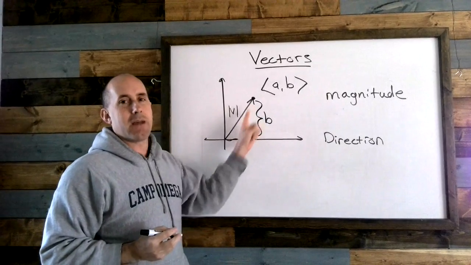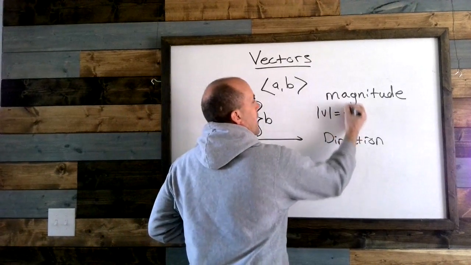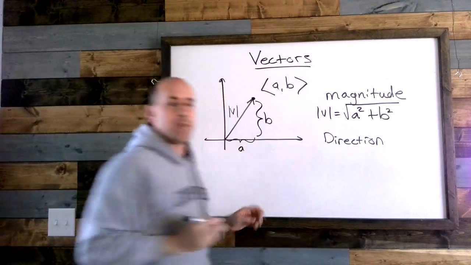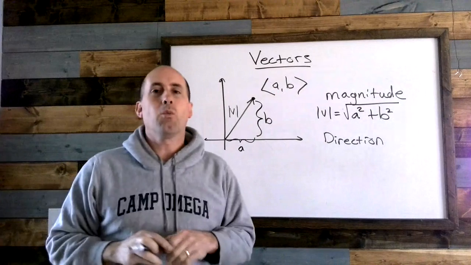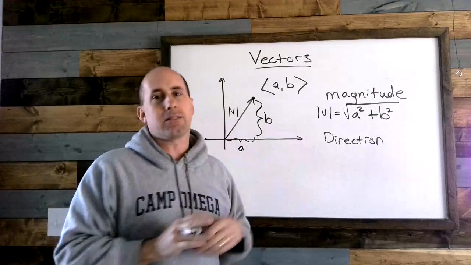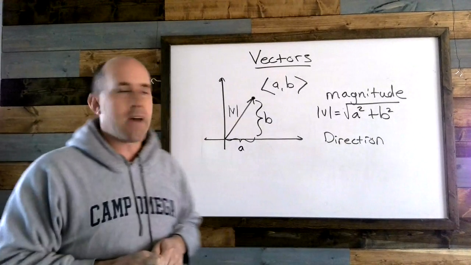How do I find the magnitude of the vector? Turns out that the magnitude of the vector, you're thinking it right now, is the square root of a squared plus b squared. I hope that that looks familiar to you because we just did that in the last unit. So this unit builds very nicely off of the last one. It just uses new notation, that being vectors.